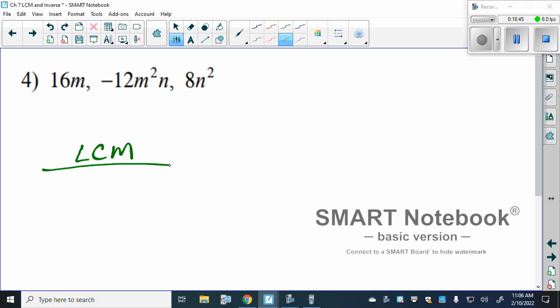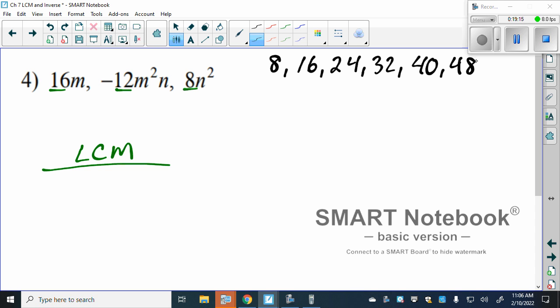So we're looking for the first number where 16, 12, and 8 will all be the same. We're looking for the first number where all 3 of these will be the same. And it would be 48. Because one way we can look at it is by doing the multiples. For 8: 16, 24, 32, 40, 48.